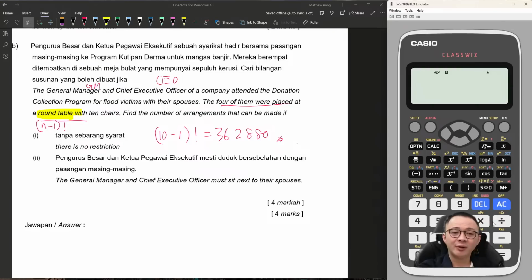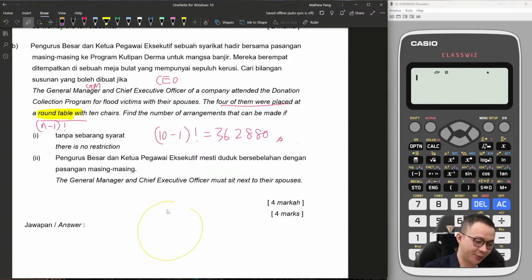Part 2. The general manager, meaning the GM, and the CEO must sit next to their pals. Okay, so basically they want to sit next to their girlfriend or wife. So right now this is what happened. Imagine 1, 2, 3, 4, 5, 6, 7, 8, 9, 10.